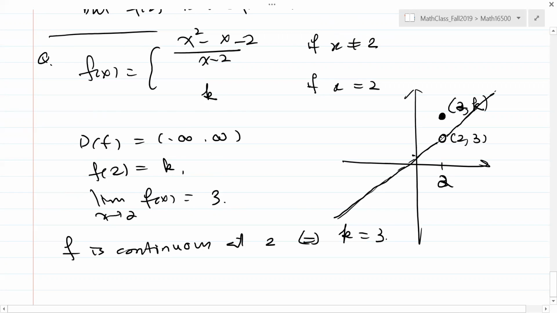So the complete graph for this function will be the whole line, but with one point deleted from the line, and it's somewhere else, above or below. Okay, now.